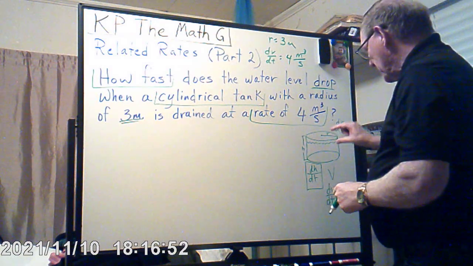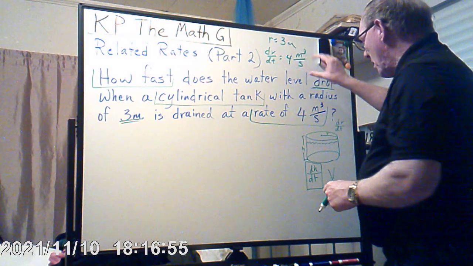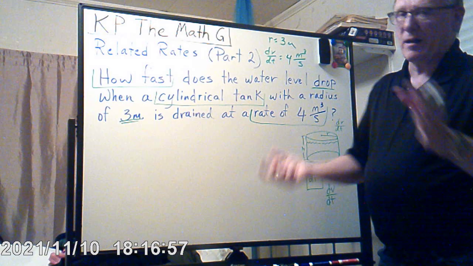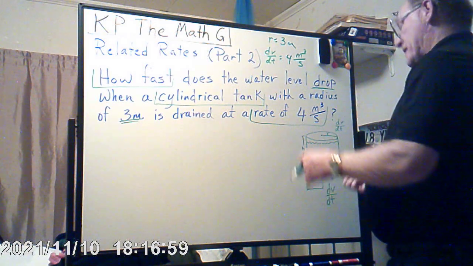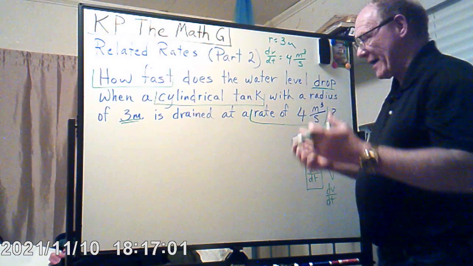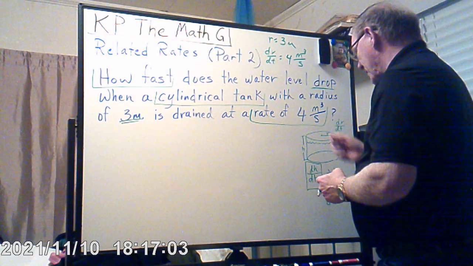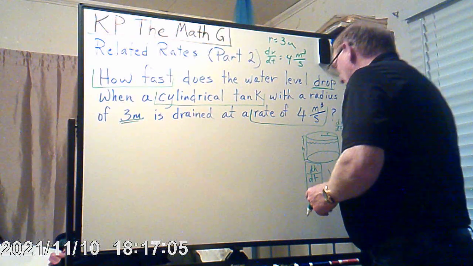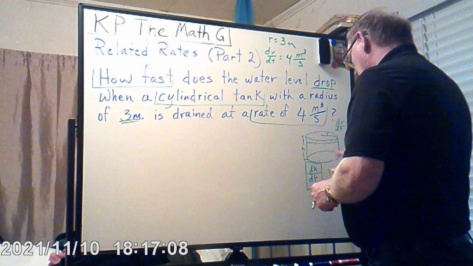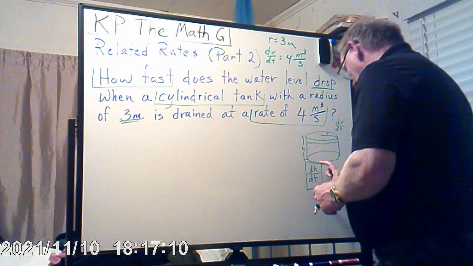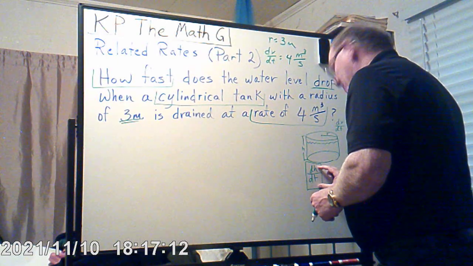We already know what those two are. We don't know what H is, and I'll show you in a moment that we don't need to worry about H, the height of this cylinder, at all. We'll see that in just a moment. But we are looking at the derivative of this.